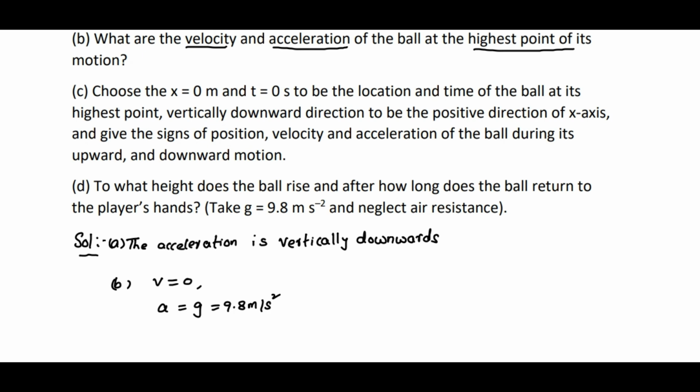Choose x is equal to 0 meter and t is equal to 0 second to be the location and time of the ball at its highest point. Vertically downward direction to be positive, direction of x-axis, and give the signs of position, velocity and acceleration of the ball during its upward and downward motion.